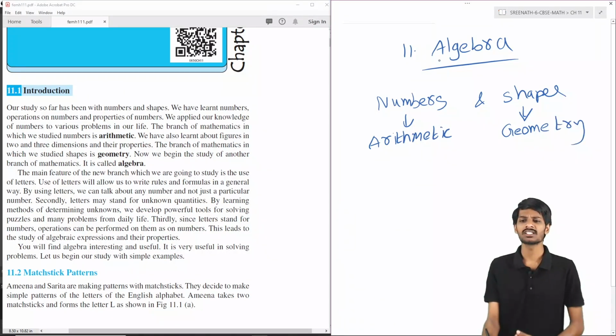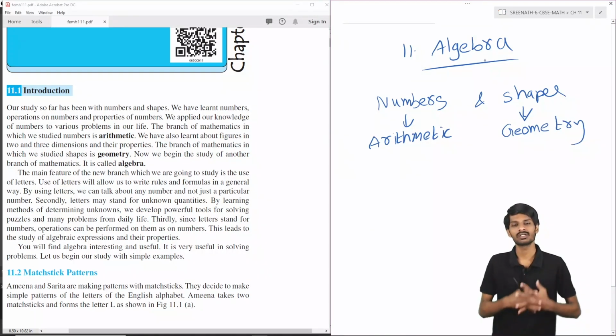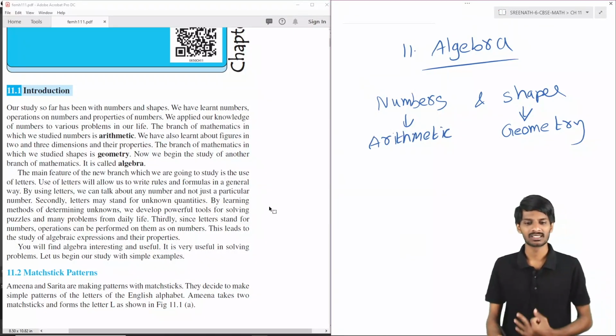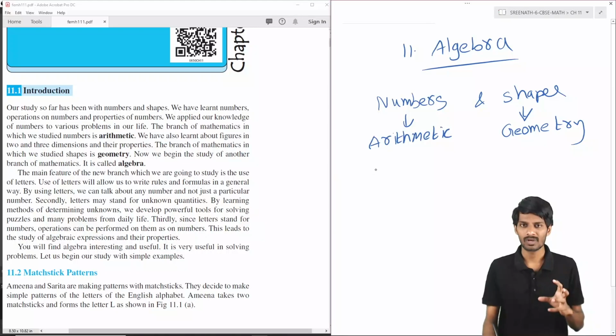Then what is meant by algebra? Algebra is also a new branch of mathematics, students.